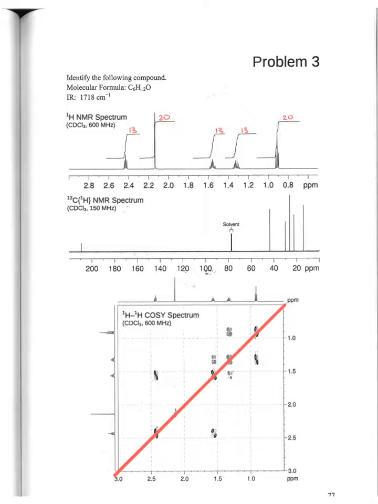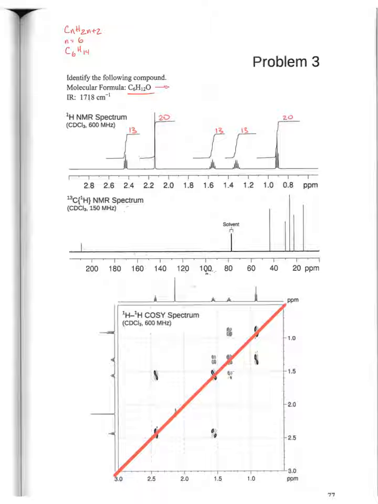So we have C6H12O, and again, we're going to use the general formula for an alkane, CnH2n+2. We have n equal to 6. We plug it in there, and we're going to end up with C6H14.